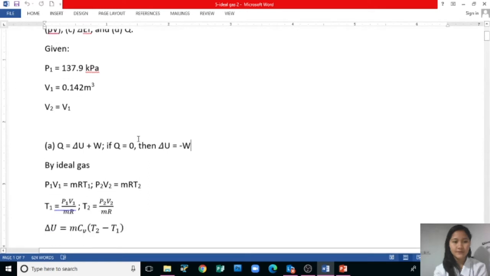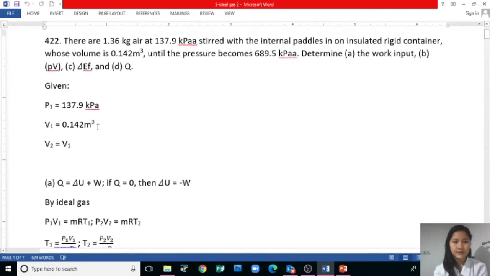So given, we have the pressure 1, which is equal to 137.9 kilopascals, the V1, which is equal to 0.142 cubic meter, and V2, which is equal to V1.